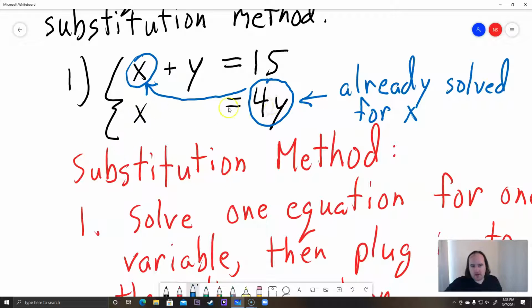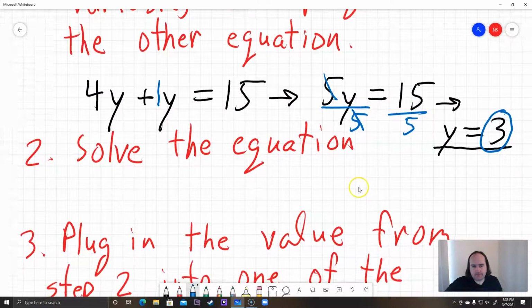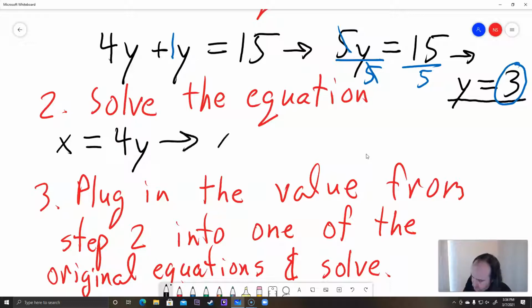Okay, so I'm going to use the bottom equation, which is x equals 4y, but I'm going to replace this y with what we're plugging in, which is 3. So what are we going to get? The original equation was x equals 4y, and that now becomes x equals 4 times 3.